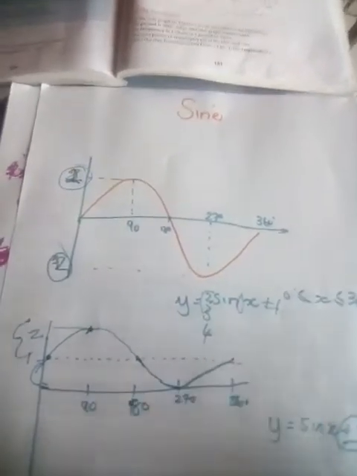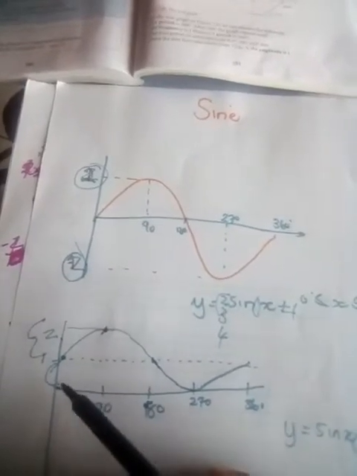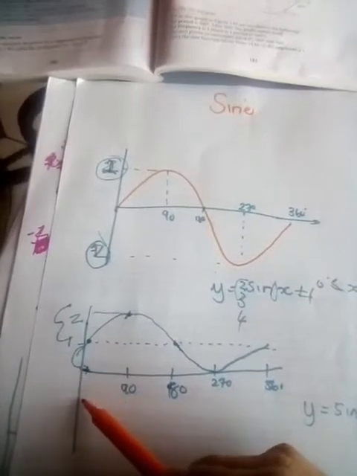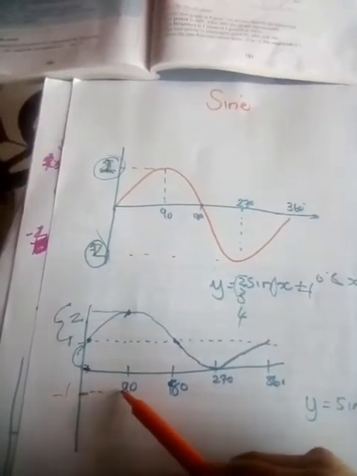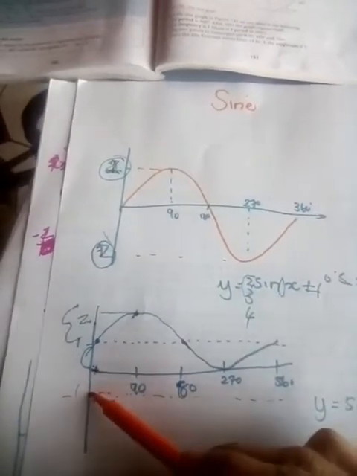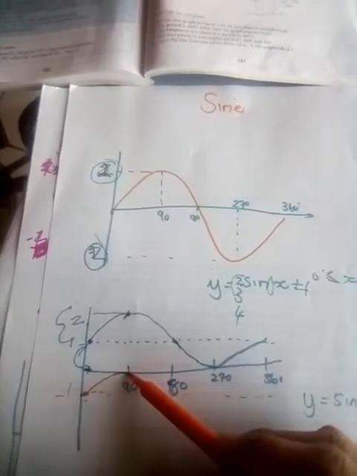If it had to be -1, then it would have meant that my whole graph, instead of moving there, would have moved down by 1 unit. It means there's -1, and then I would have to start on this line right here, and it will go like this, up.